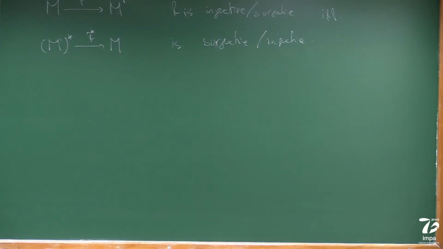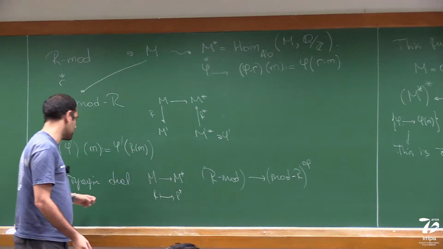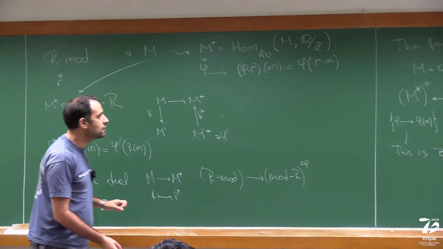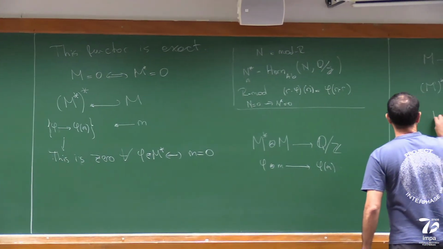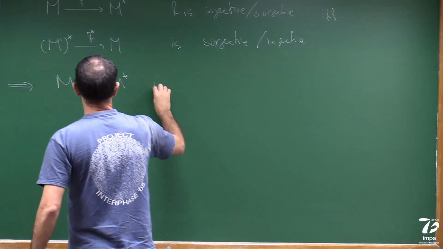And the other one requires this level. So you can check injectivity or surjectivity of a map by looking at injectivity or surjectivity of the dual map, of the transpose map. And, well, so now you know that taking duals preserves injections and preserves surjections. So it preserves the exact sequence on the left and on the right. And therefore, it preserves kernels and co-kernels, and therefore this statement that this functor is exact, which I didn't write. Oh, no, here it is. So this functor is exact. So it follows that the functor that sends M to M dual is exact.